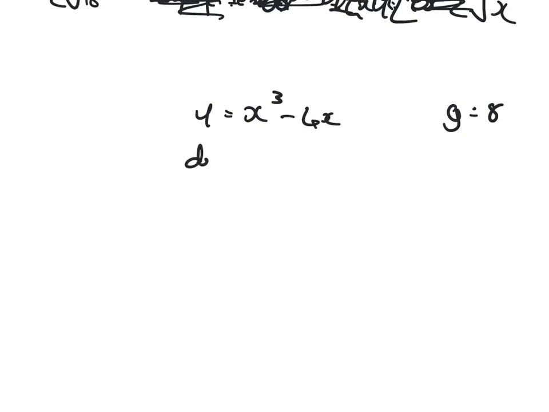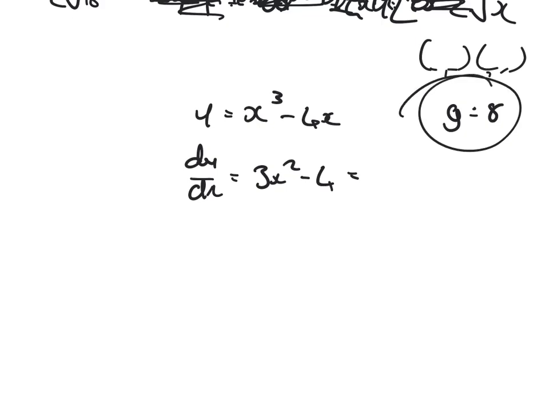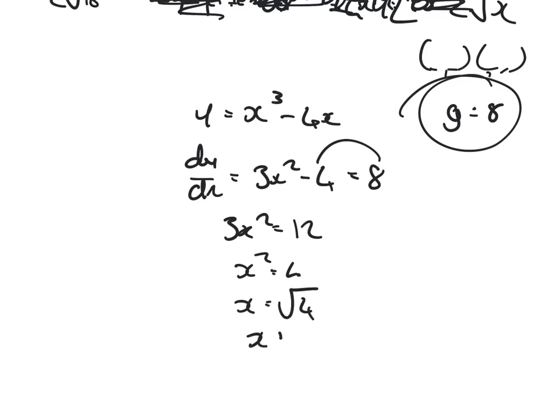Okay, so the first move is to differentiate. 3x squared - 4, well, that is the gradient of the tangent, and that is equal to 8. I then get 3x squared is equal to 12, x squared is equal to 4. If I take the square root of 4, I'll get a positive and negative result, both plus and minus 2.